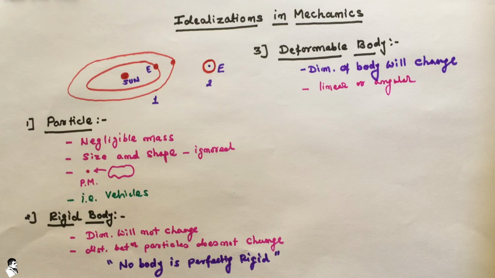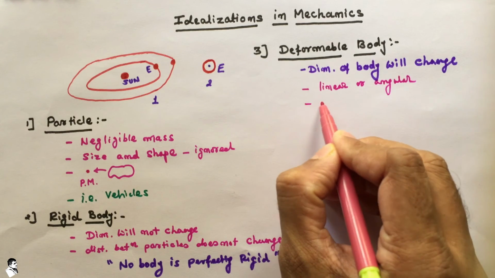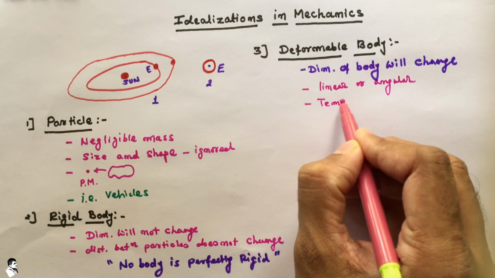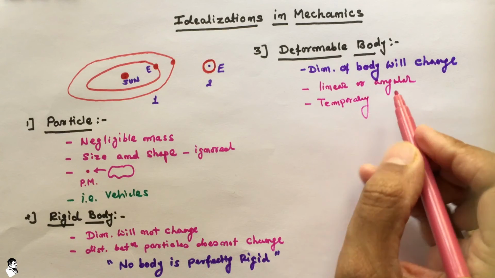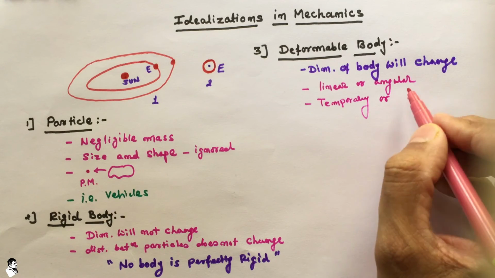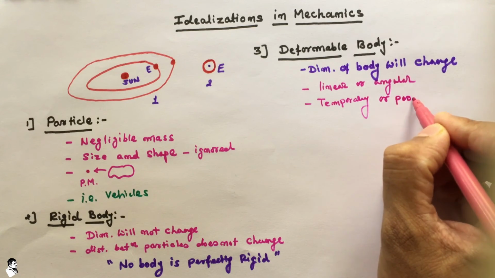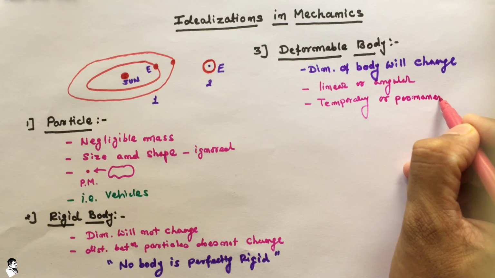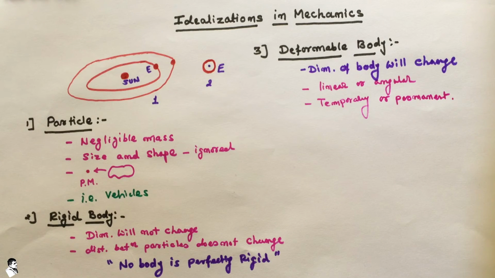Maybe it is in a temporary form, or maybe it is in a permanent form. So generally all bodies are deformable to a smaller or greater extent, and that depends upon its rigidity and the magnitude of the applied forces.